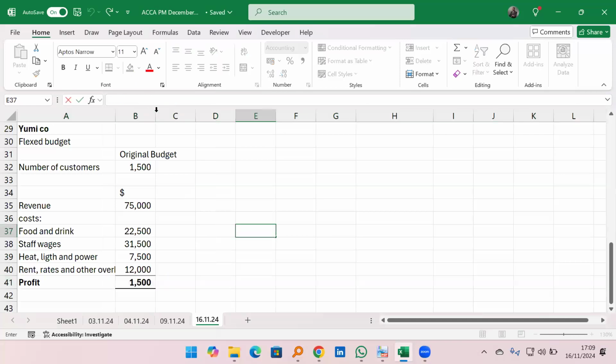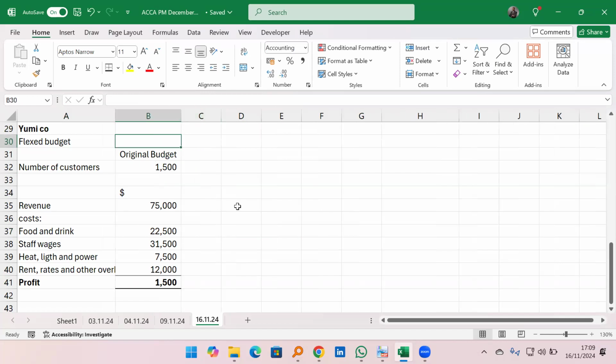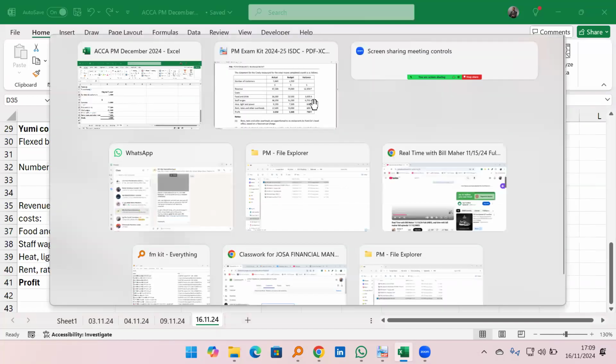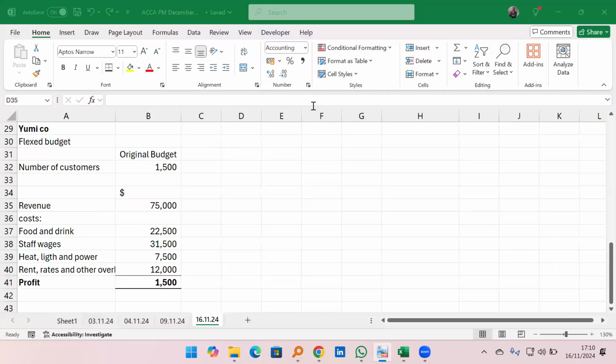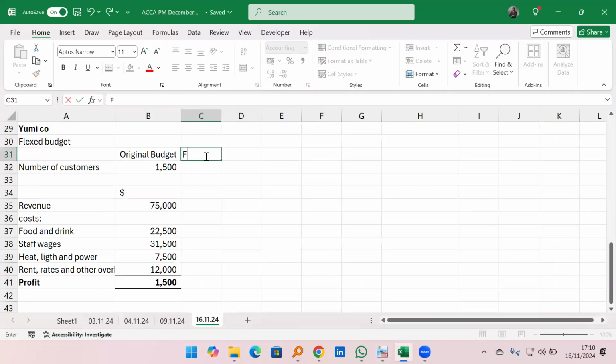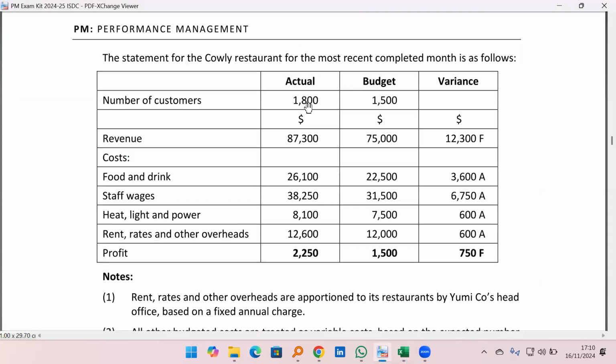Now, as we said, we can't compare this original budget with the actuals because the actuals have an activity of 1,800. So we need to first of all flex the budget. So we are going to create a flexed budget, and the flexed budget is flexed for the actual activity, which is 1,800.